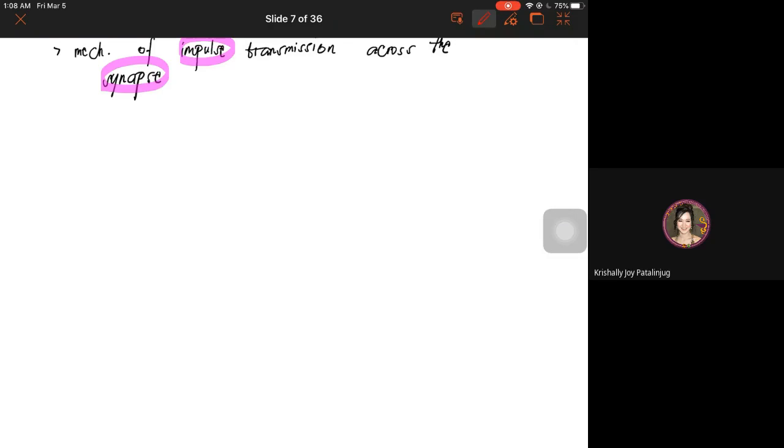Class, so it's easy to remember: when you hear about impulse, please take note that I am referring to the command, or the message, that is coming from the CNS, particularly from the brain. Of course, it is the brain that gives the command, that sends impulses towards the effector organ. Again, take note, impulse is the command, the message, coming from the brain towards the effector organ.